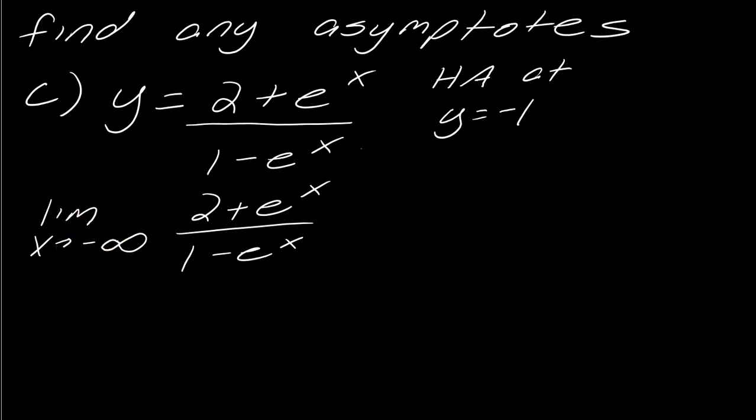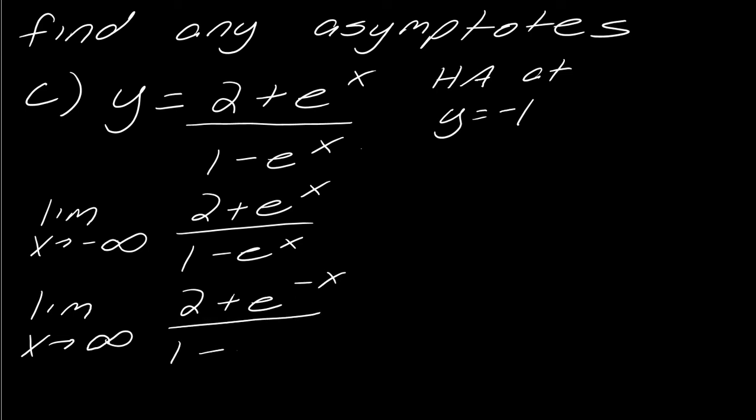If x is going to negative infinity, this would really be the equivalent of this situation. So I could still have just x going to infinity, but rewrite this as e to the negative x. That gives me the same thing, right? But the thing about this is e to the negative x, so having that negative exponent there, this allows me to think about the problem a little bit different.